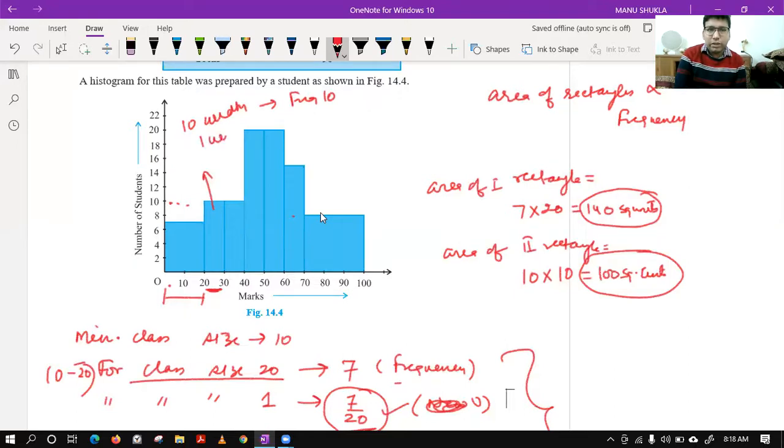So for one width, it will be 10 upon 10, and for 10 width, it will be 10 upon 10 multiplied with 10. So it remains the same, 10 only. So in this case, the frequency will not change.